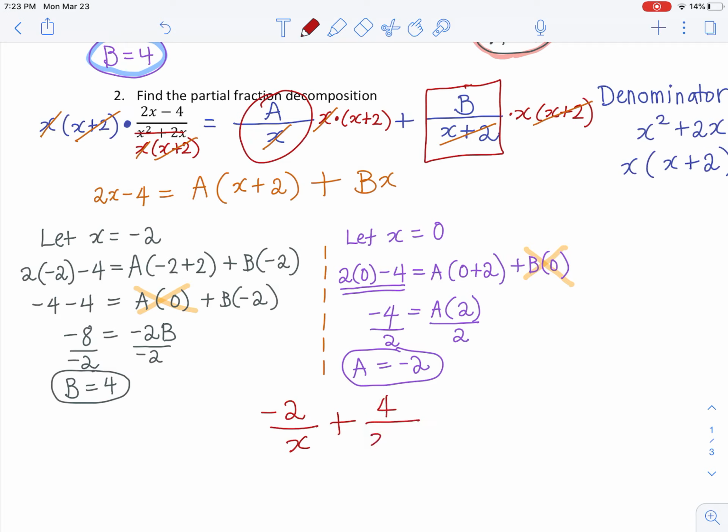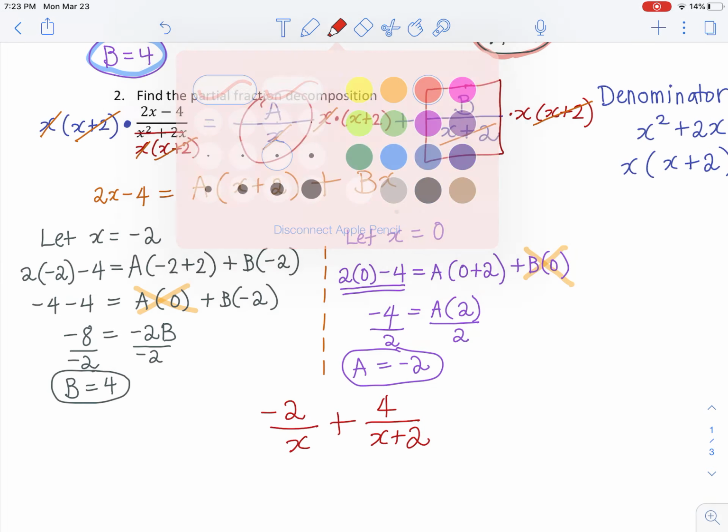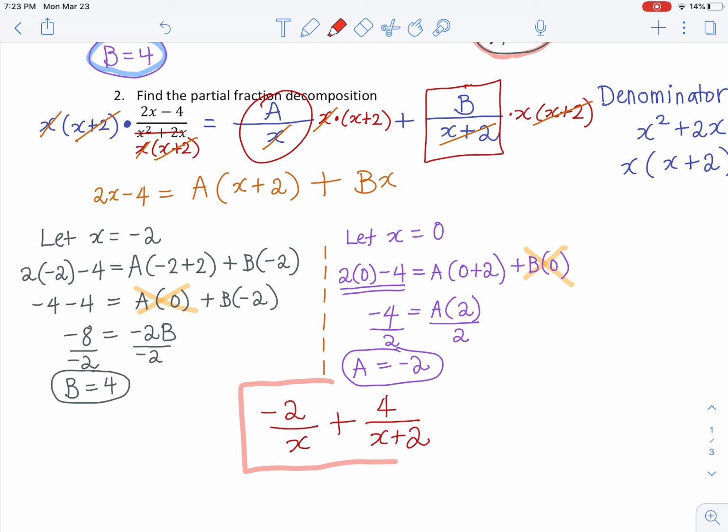B is 4, so write down 4 over x plus 2. And that is your final answer. So just box that answer for me somewhere so that I can see that you completed the partial fraction decomposition. And that's how you do this problem.